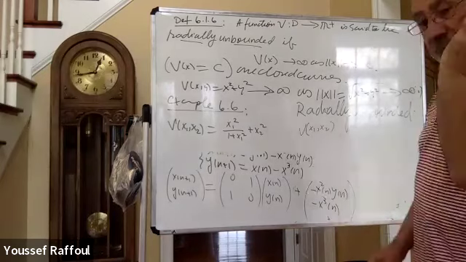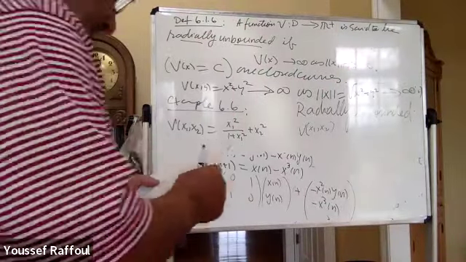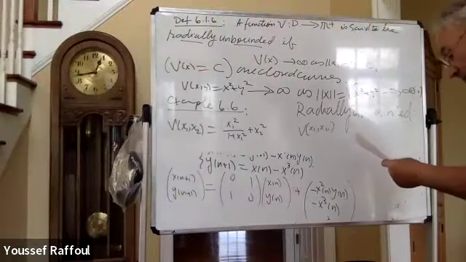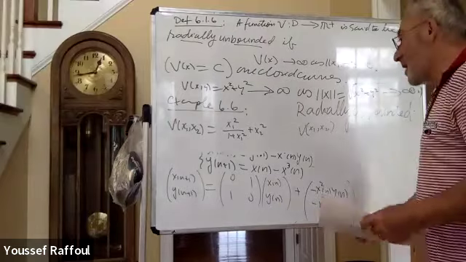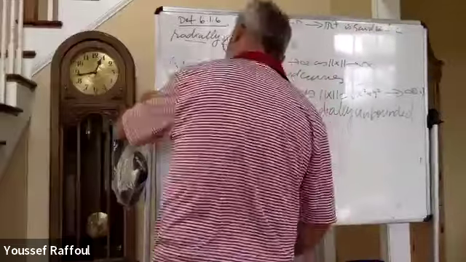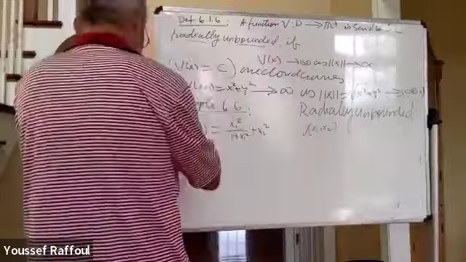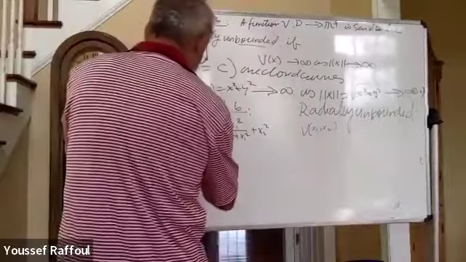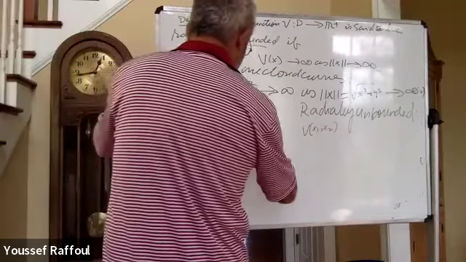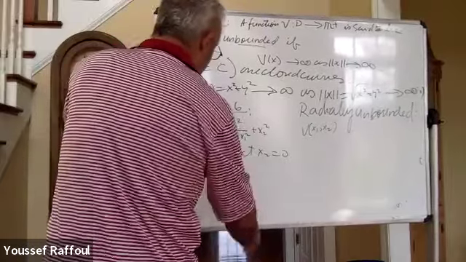So let's try the level set. Let's set x2 equals 0 and v of x1, 0 equal 1.